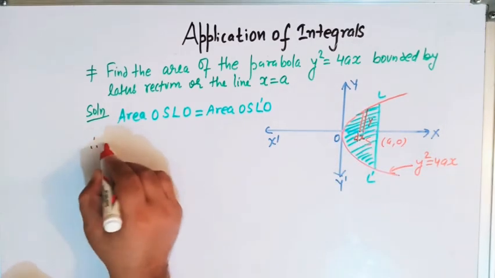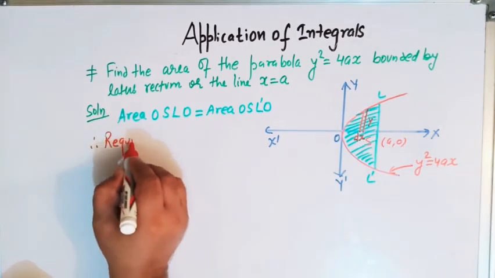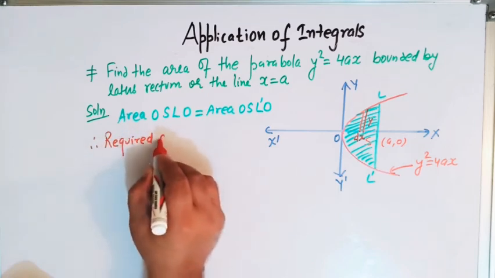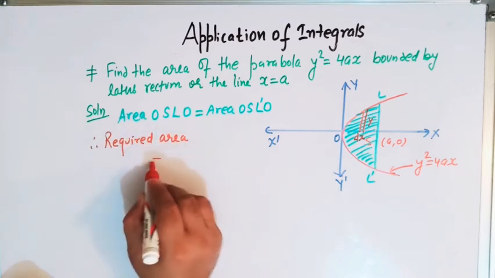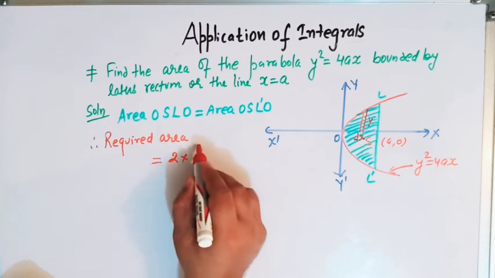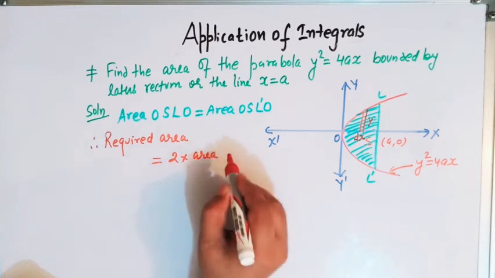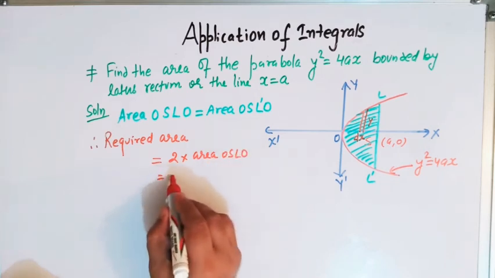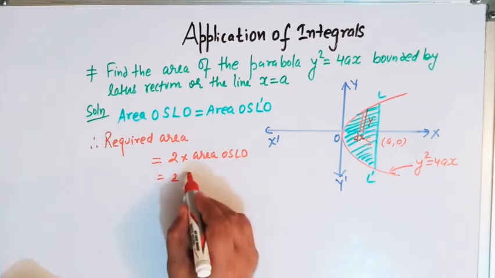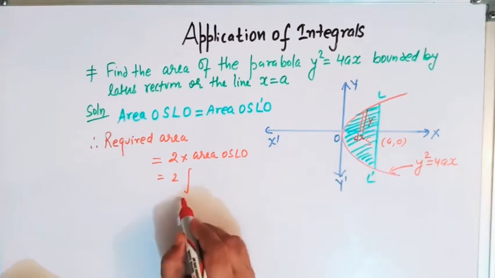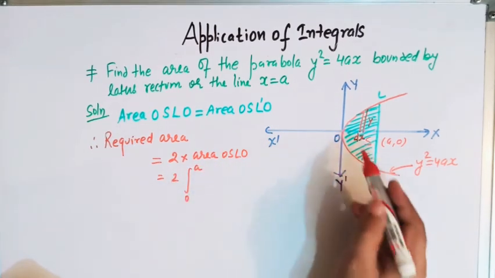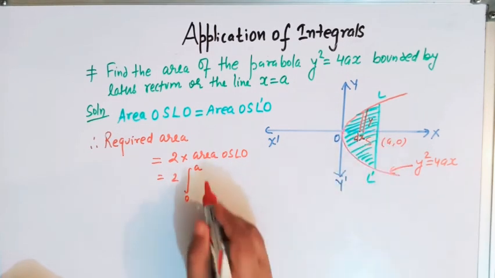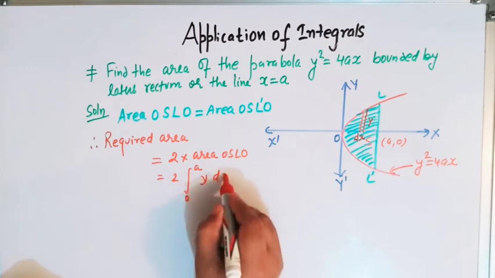So therefore the required area is equal to 2 times the area OSLO. This can be written as 2 times the integral from 0 to a of y dx.